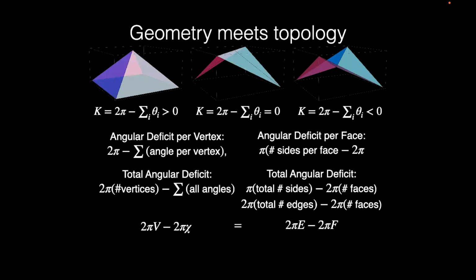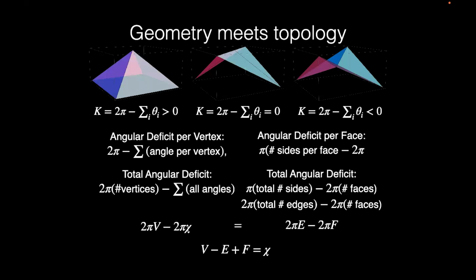And so this gives me a relationship between the number of vertices, the number of edges, the number of faces, and then some constant number. And so we end up with the number of vertices minus the number of edges plus the number of faces is equal to some number chi.